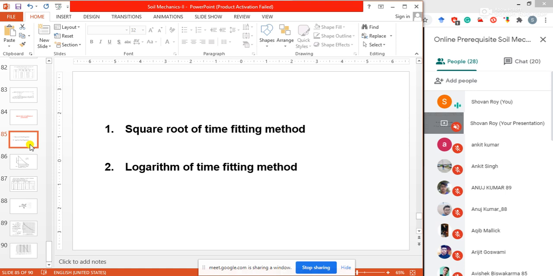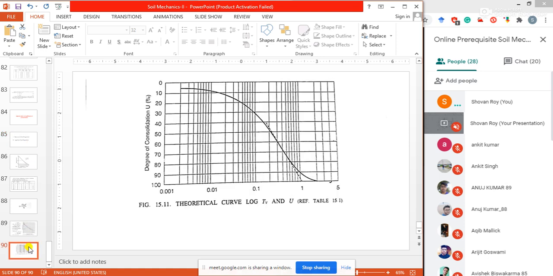This method was actually suggested by Casagrande, the developer of the liquid limit test apparatus, the Casagrande apparatus, which is used to find out the liquid limit value, the division between liquid limit and plastic limit. He is the inventor of this Casagrande apparatus.